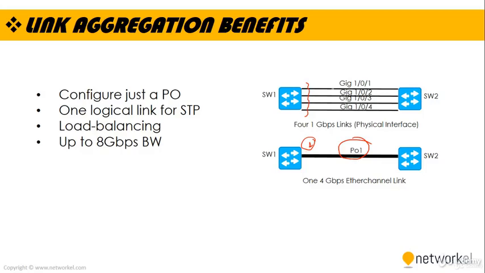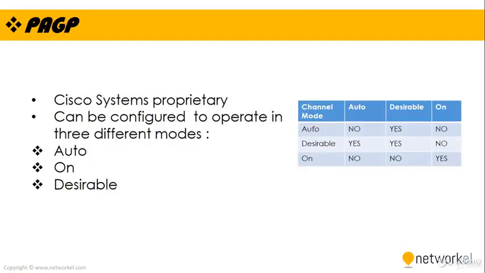For example, if gig 0/1 link is down, STP recalculation is not made again. Third, we can make load balancing between separate links, and lastly, we can provide higher bandwidth up to 8 gigabit per second. We are using 2 main protocols while we are creating EtherChannel, and they are PAgP and LACP.